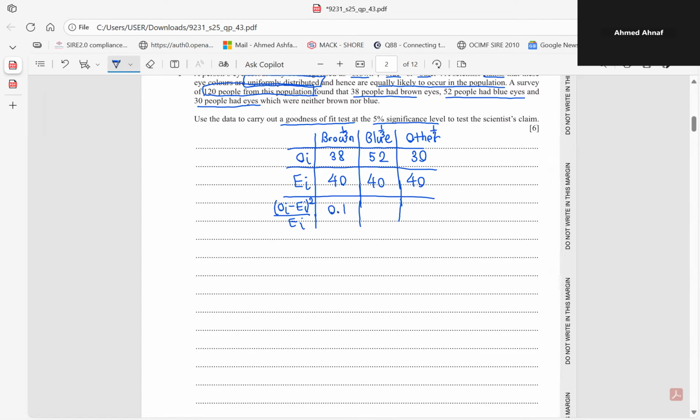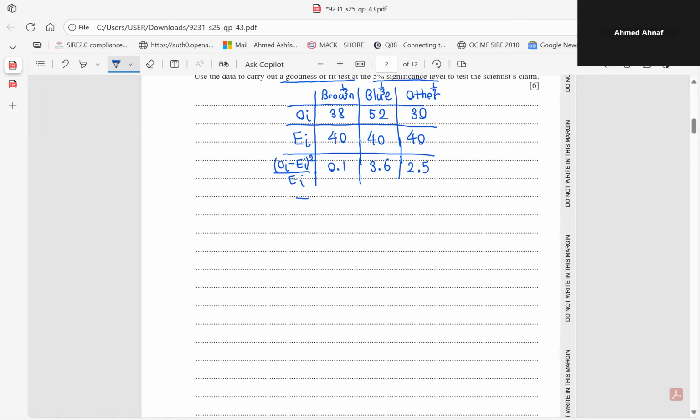So 38 minus 40, squared, divided by 40, you get 0.1. For blue, you will get 3.6. For other, you will get 2.5. So these are the values for (Oi minus Ei) squared over Ei.